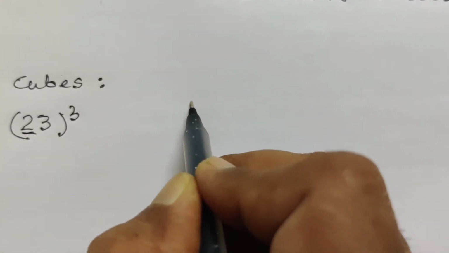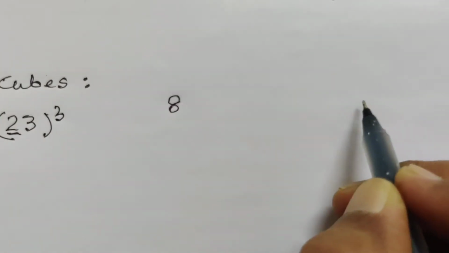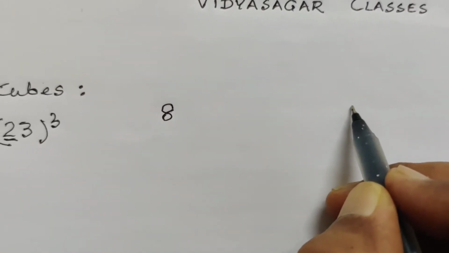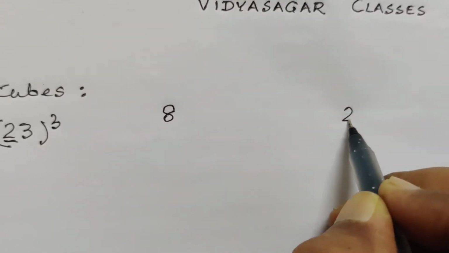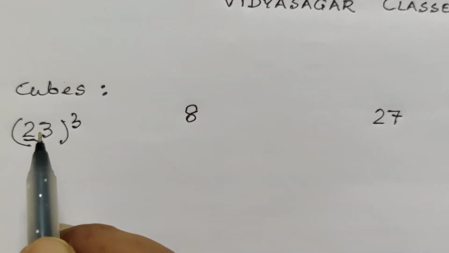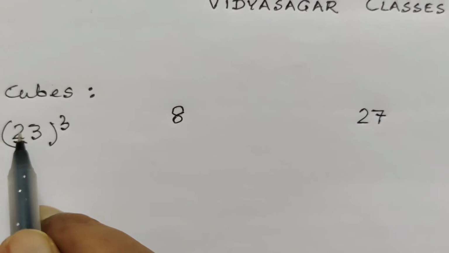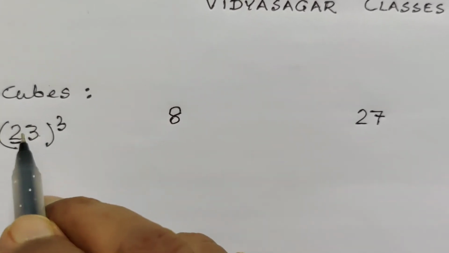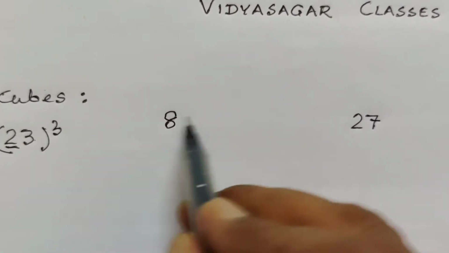2 cube is 8. And here you have to write the cube of the units digit. Cube of 3 is 27. Now what to do? The square of tens digit into units place. Square of tens digit means 2 2s are 4.